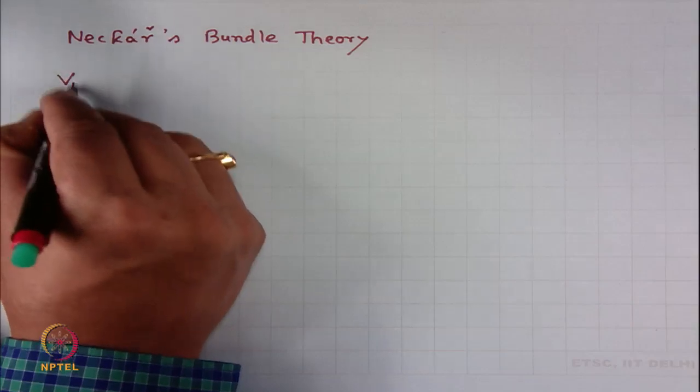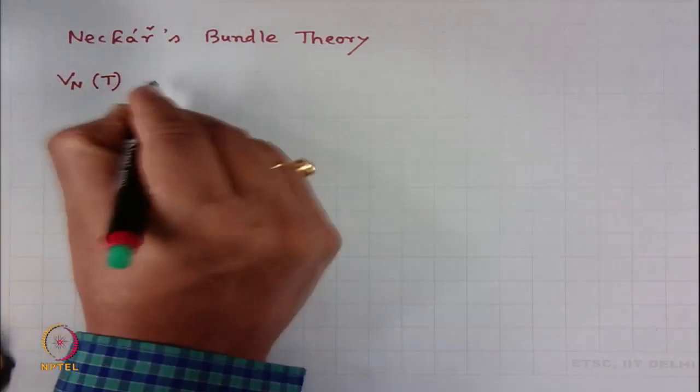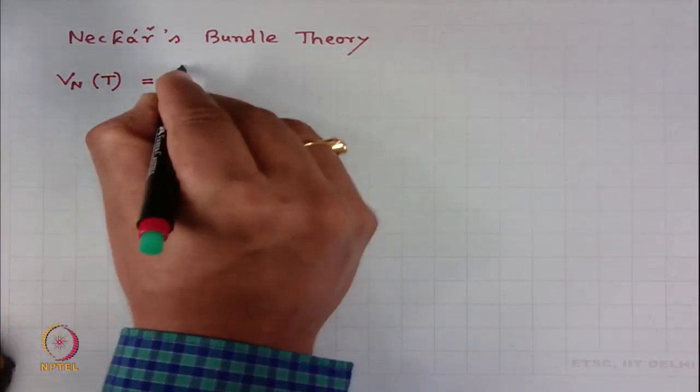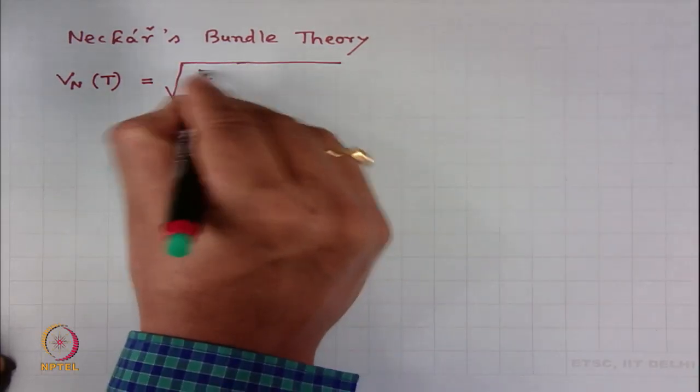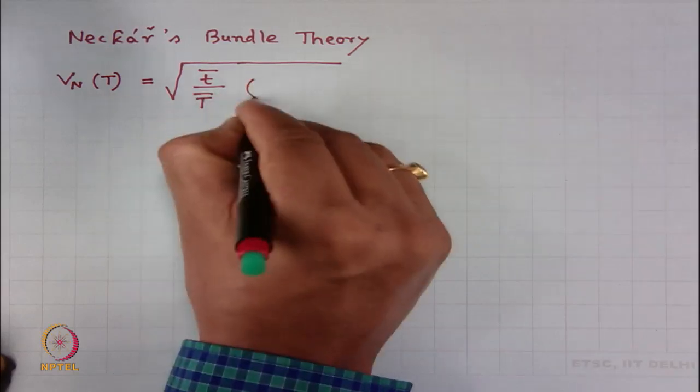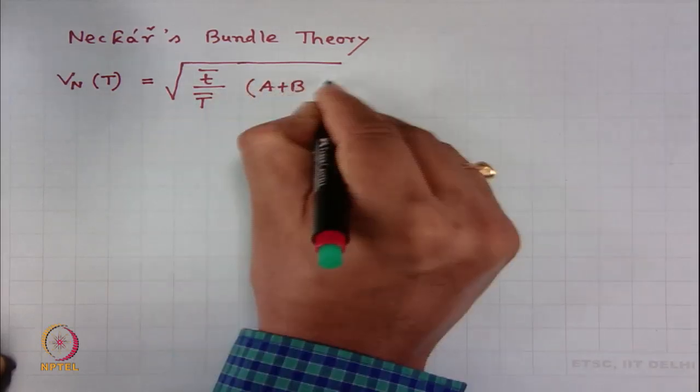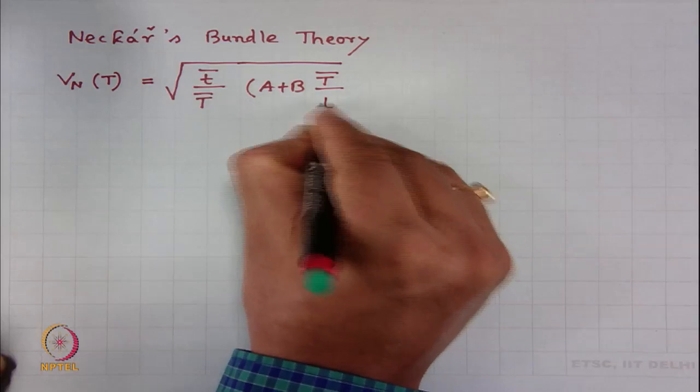So, let us write V n t. You remember t bar by this A plus B, that was the formula.